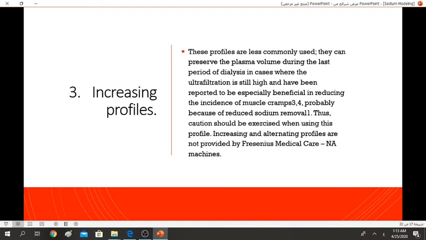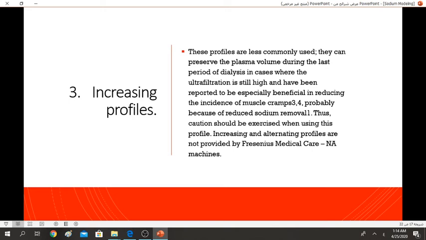Number 3, increasing profiles. These profiles are less commonly used. They can preserve the plasma volume during the last period of dialysis in cases where the ultrafiltration is still high, and have been reported to be especially beneficial in reducing the incidence of muscle cramps, probably because of reduced sodium removal.